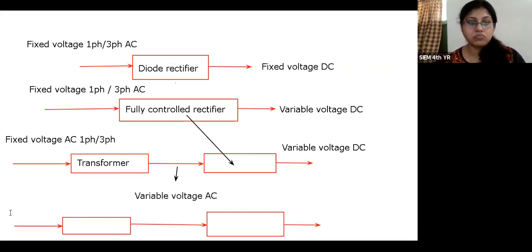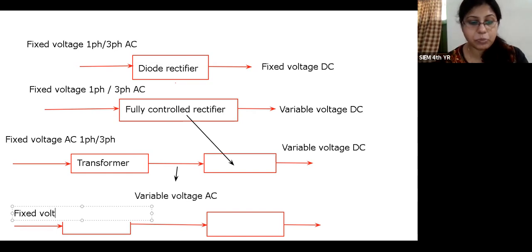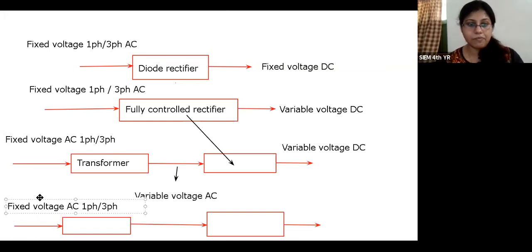So on the source side, we have fixed voltage AC, single phase or three phase.